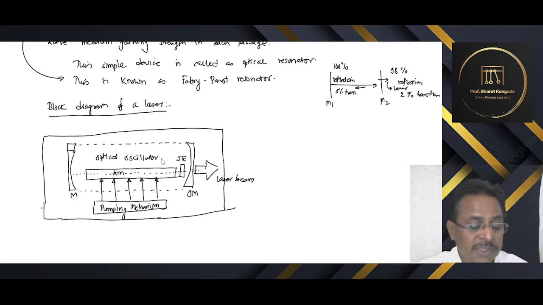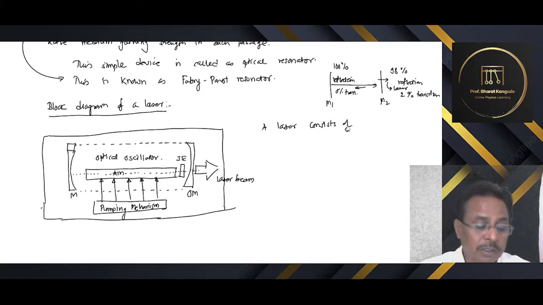So the basic components of a laser may be represented in this block diagram. A laser consists of an active medium. We have seen this definition earlier.